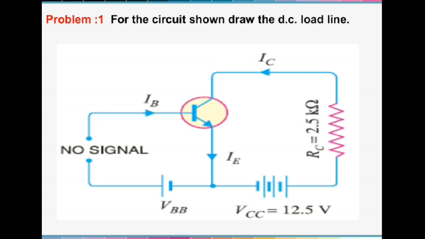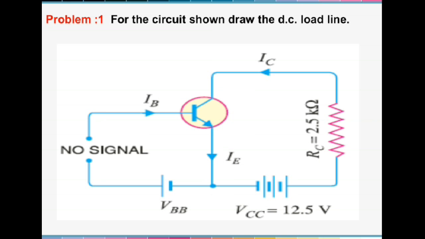IB current is given as the base current of the transistor, IC is the current towards the transistor, and IE is the emitter current. The emitter is grounded, that is why this circuit is called a common emitter circuit.